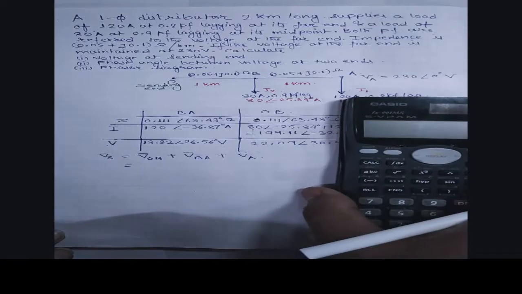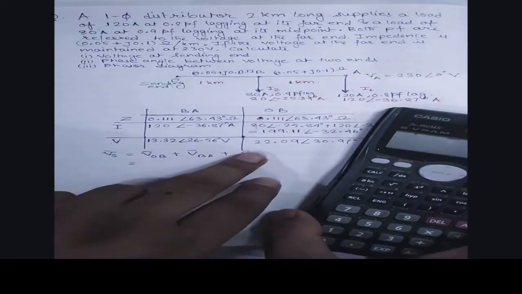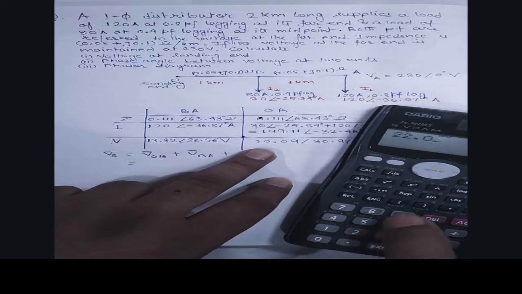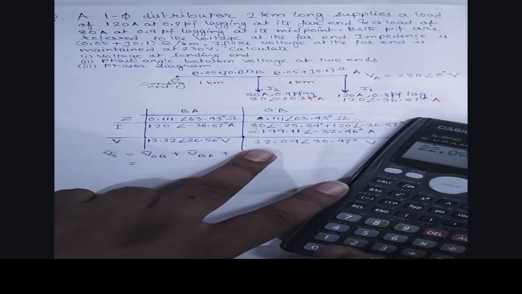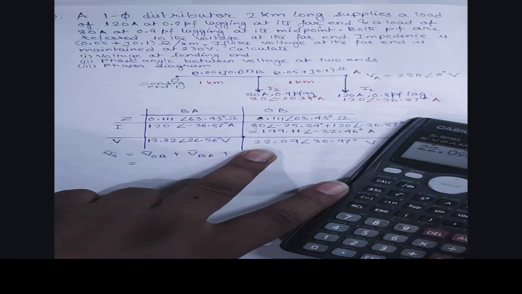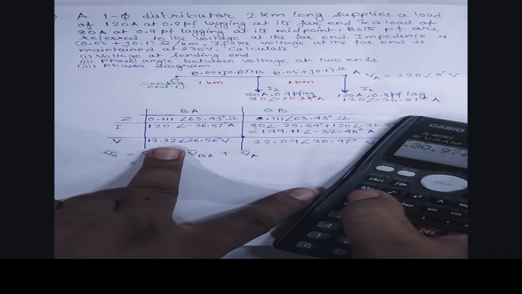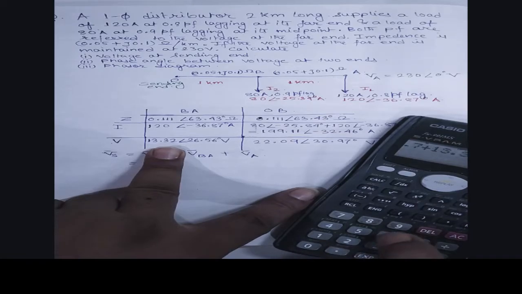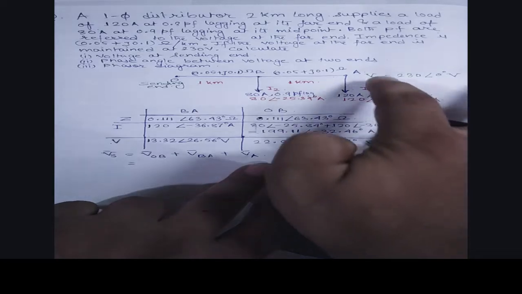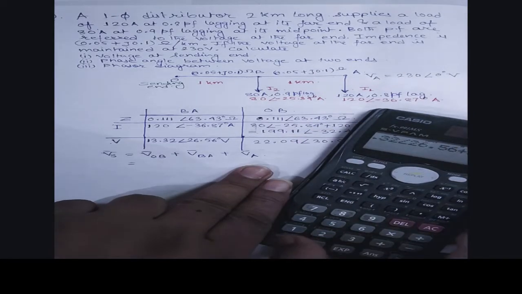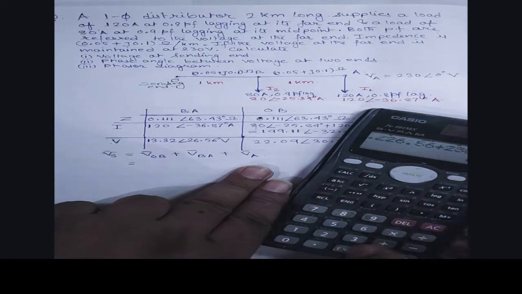Now we have to just put values and calculate what the voltage is. VOB is 22.09 at an angle of 30.97, plus 13.32 at an angle of 26.56, plus VA, 230 at an angle of 0.